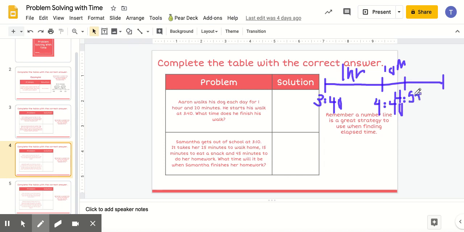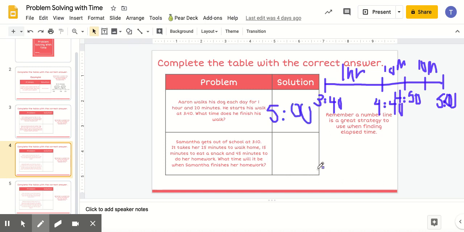And then adding 10 more minutes, so your whole time, 1 hour and 20 minutes, gets me to 5 o'clock. So he walked his dog until 5 o'clock. So your solution would be 5 o'clock.